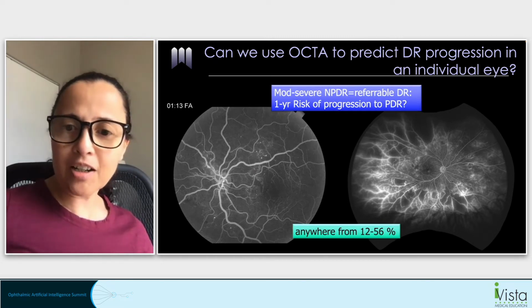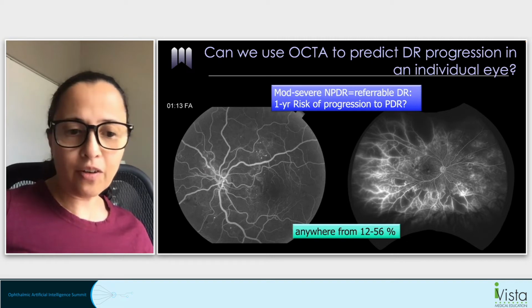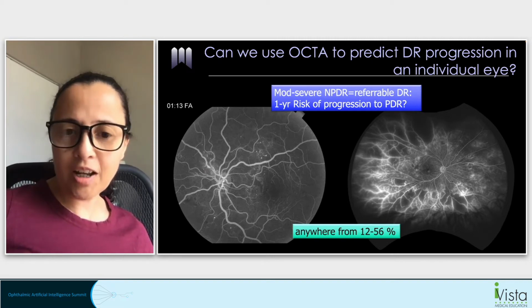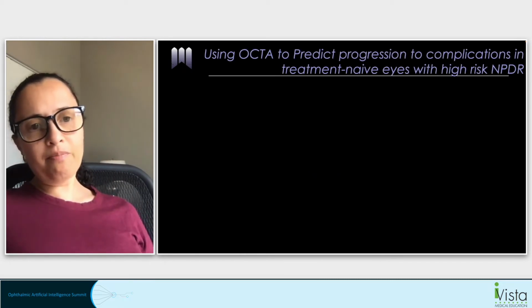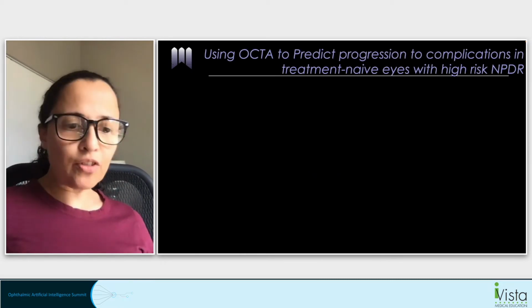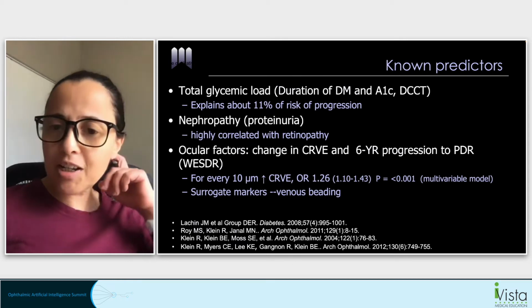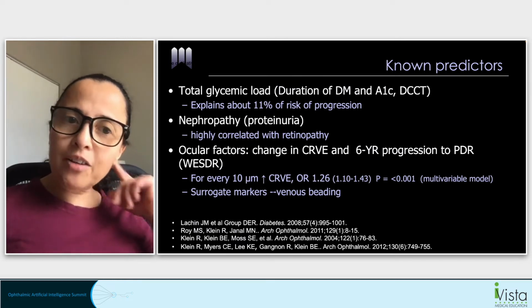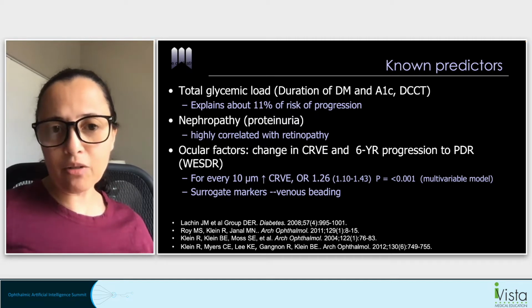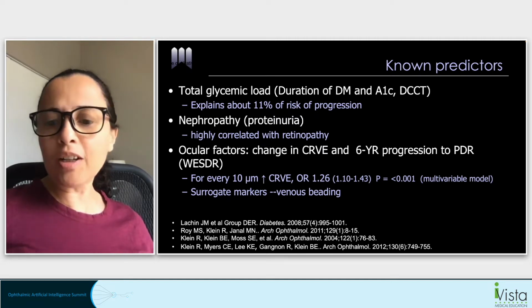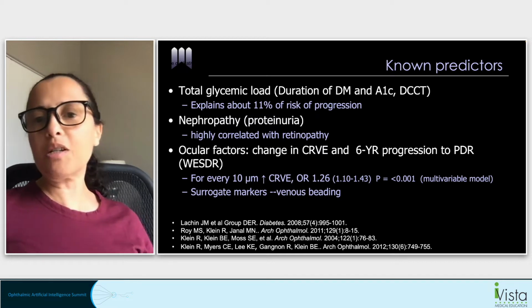And wouldn't it be nice to have better predictors for those who will progress? So from our classic progression studies, from population-based studies, we have the risk of the glycemic load as this highly enriched predictor, but it only explains about 11% of the risk of progression.